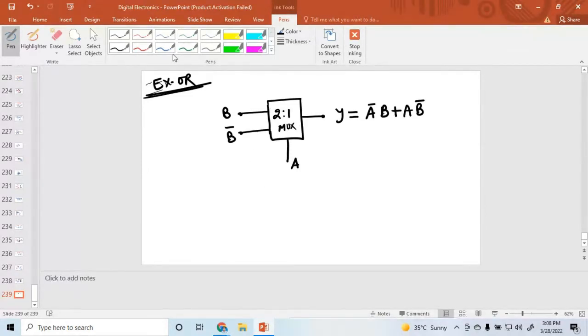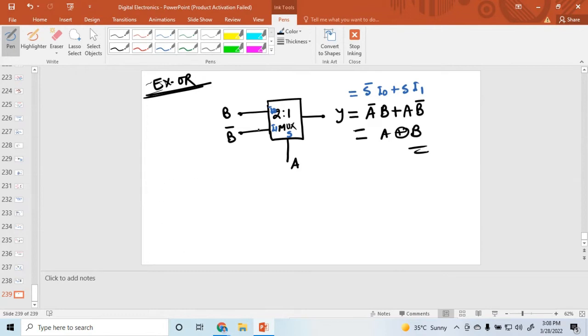So this is I0, this one is I1, this one is the selection line, and here the output. So here I am writing S bar I0 plus S I1. So can you write down this expression? What is the value? This value is equal to A XOR B. So you can say this is an XOR logic gate.